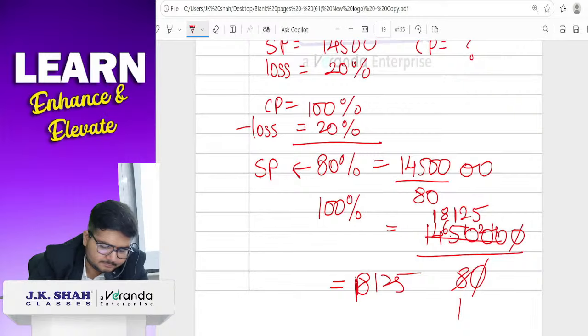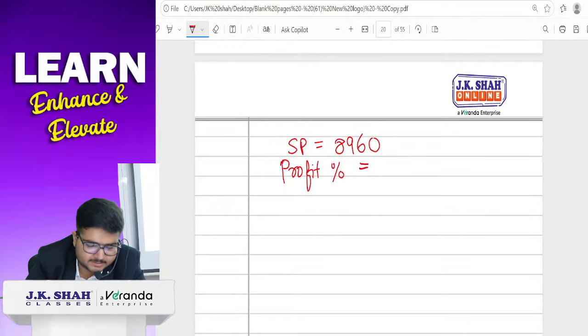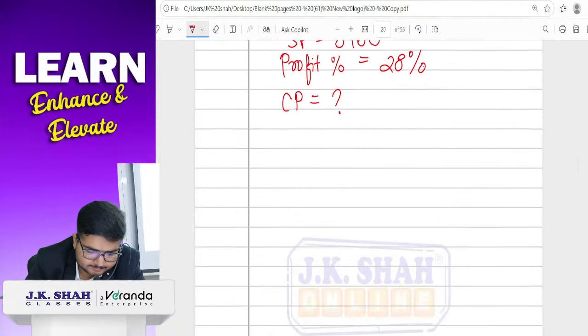So now here selling price is 8960. Profit is 28%. Now CP you have to find out.